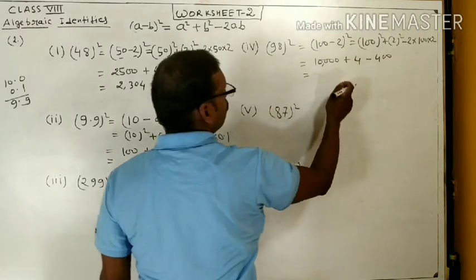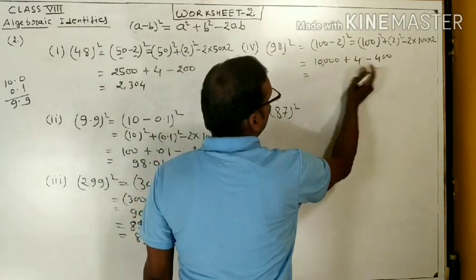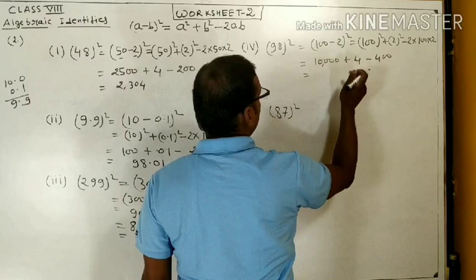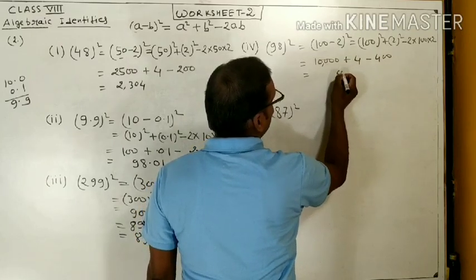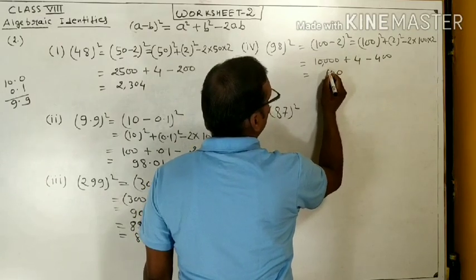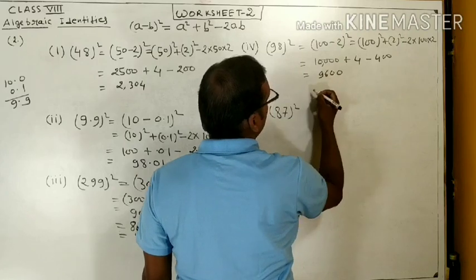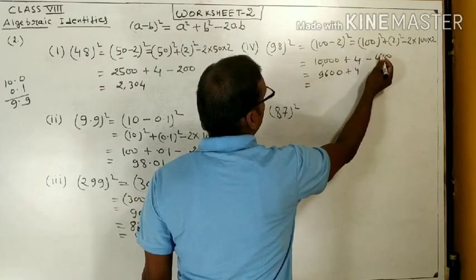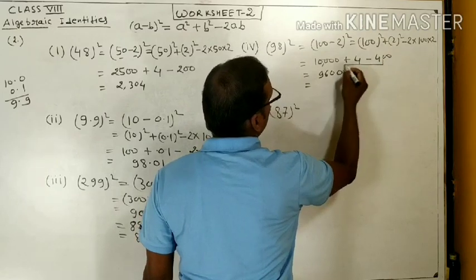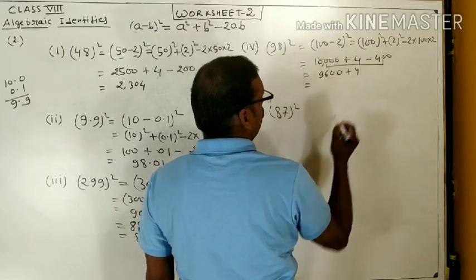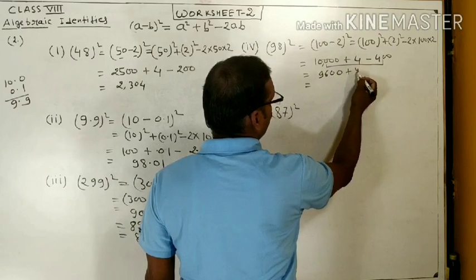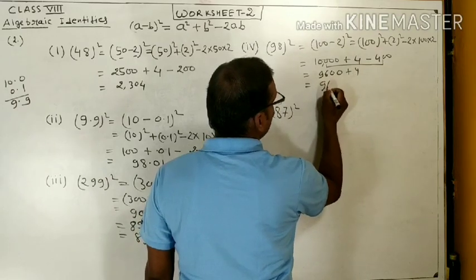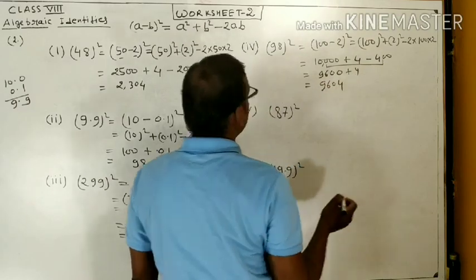Now subtract 400 from 10,000 and add 4. First we subtract 400 from 10,000, we get 9,600, and after that we write down 4 and add, so 9604. This is the required answer.